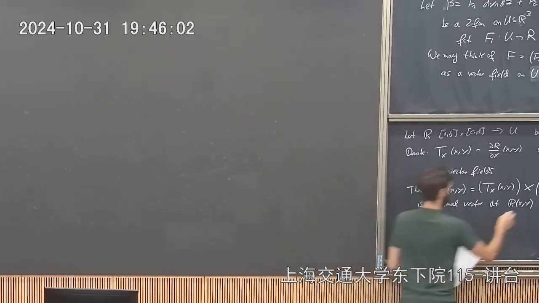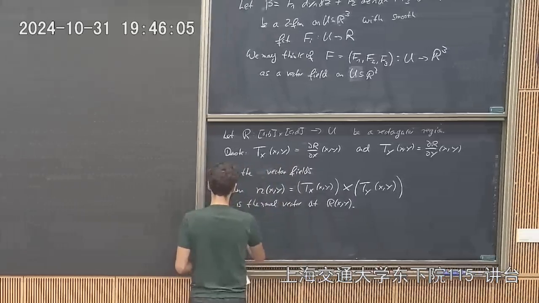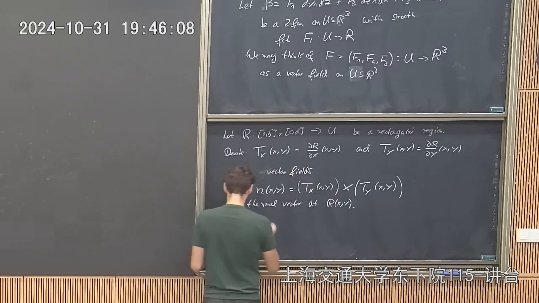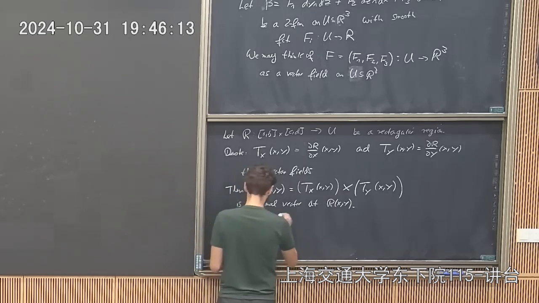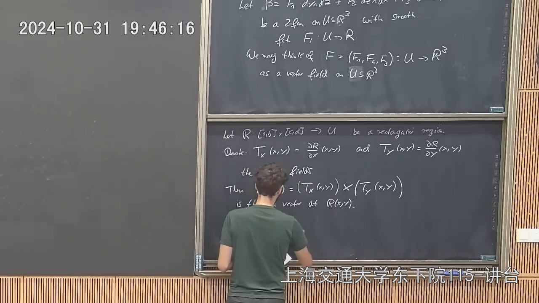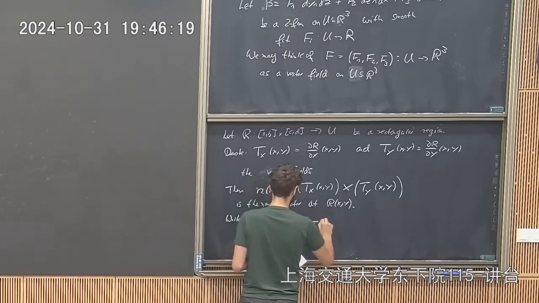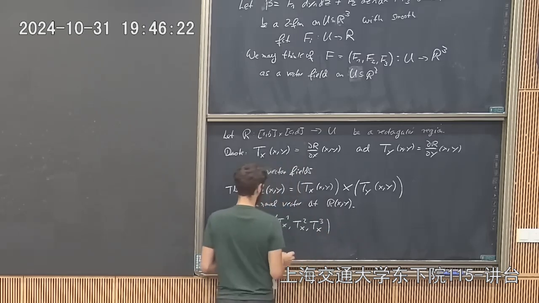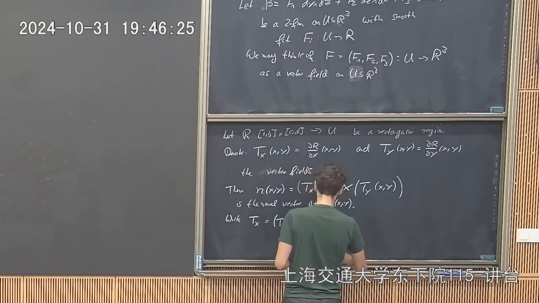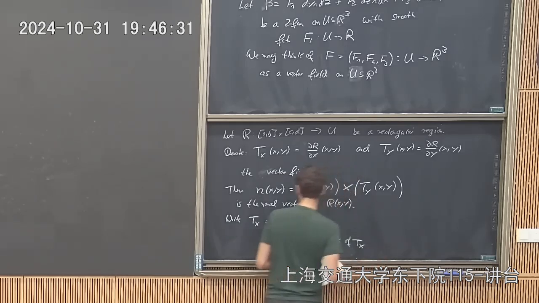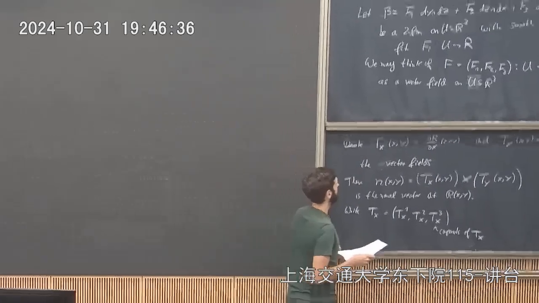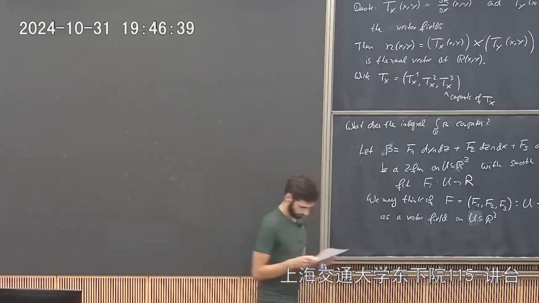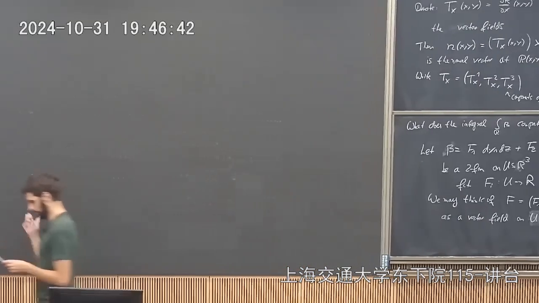And we need a little bit more notation, namely write Tx, which is a vector field, with the components T1x, T2x, T3x. These are the components of Tx, which are in themselves functions again. And of course, similarly for Ty.